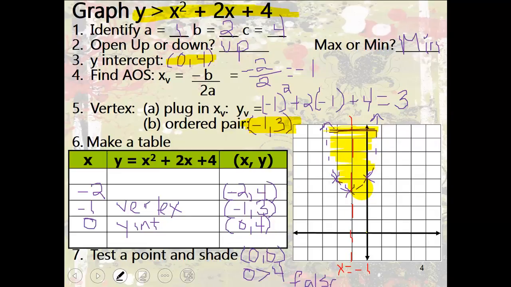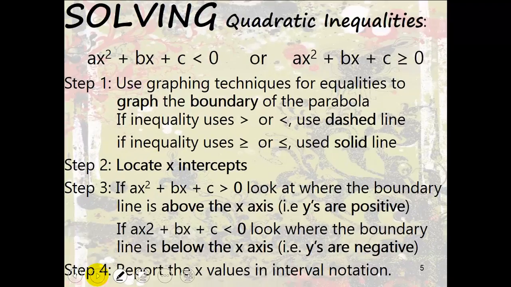The next thing we're going to do is solve, which means that instead of it being y is greater than or y is less than a quadratic, it's going to be the quadratic less than 0 or the quadratic greater than 0.